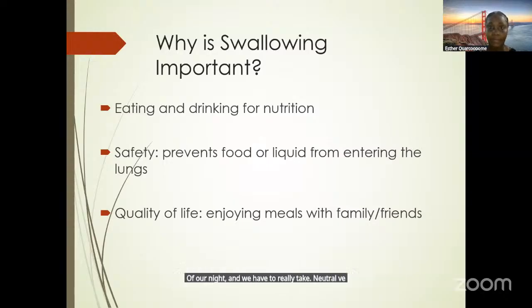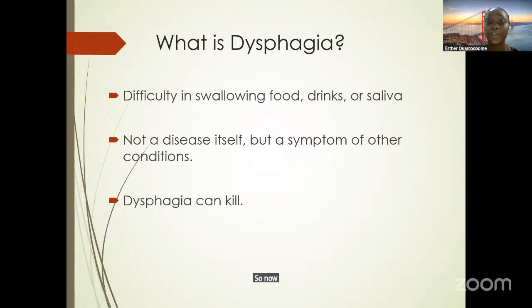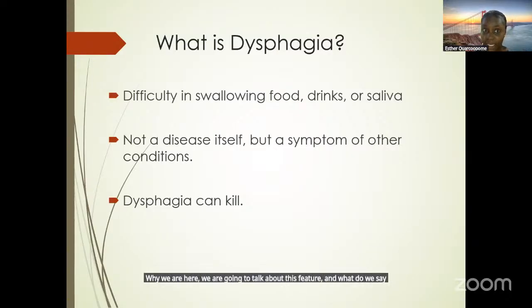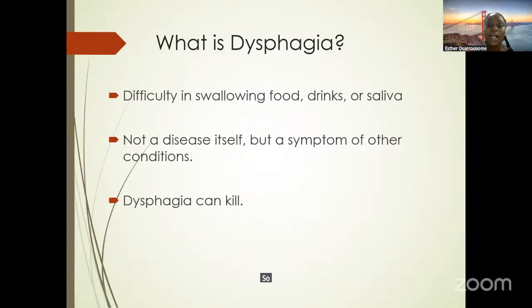So now we are going to dysphagia, why we are here. We are going to talk about dysphagia. And what do we say dysphagia is? So dysphagia is difficulty in swallowing food, drinks, and saliva.